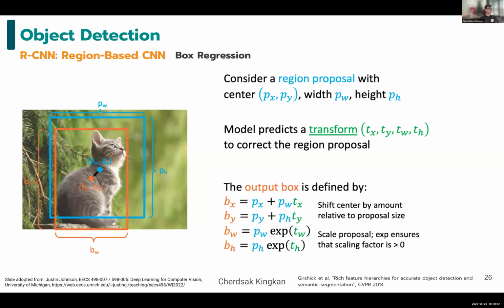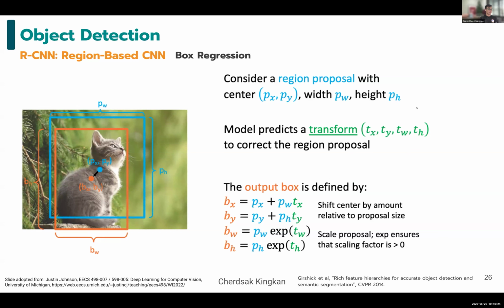to correct the region proposal. What does that mean? This is the region proposal, and the output box can be defined by using this formula. What we want to get is the output box, and we can find it by using these transformations.